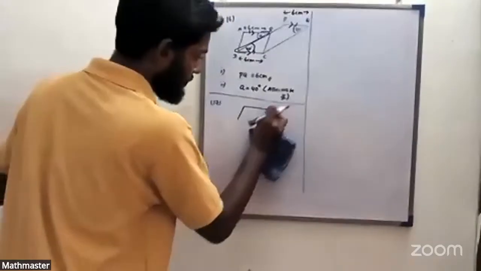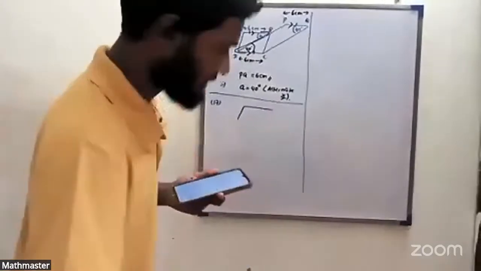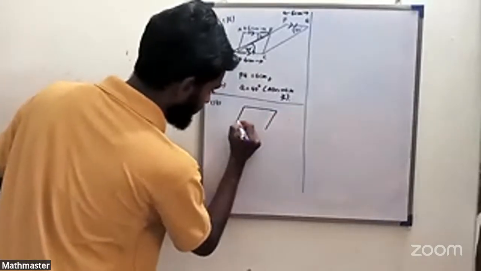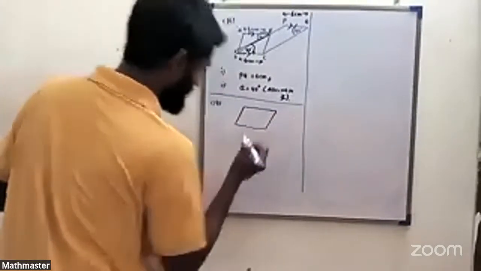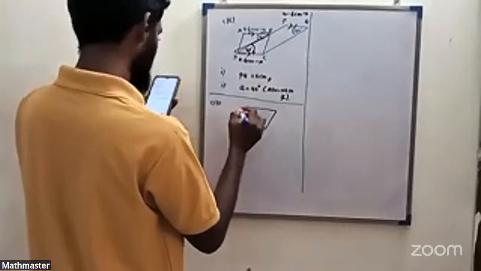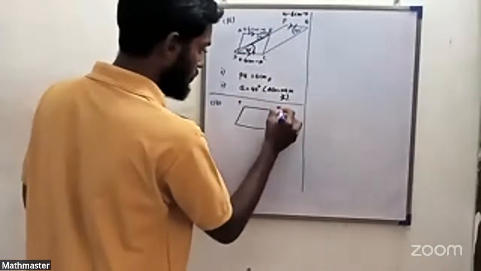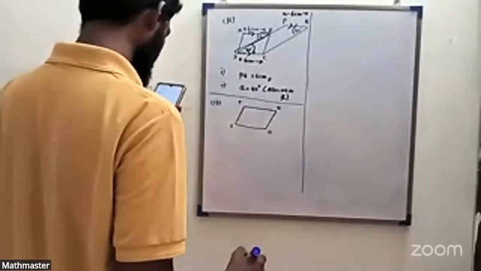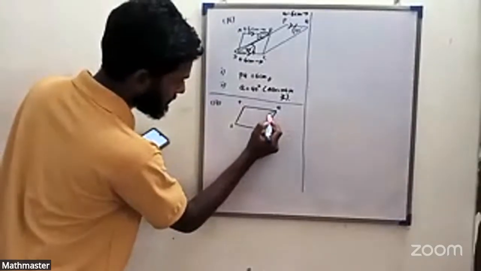So in parallelograms, they have given like this. This is PQRS. QS is a diagonal.